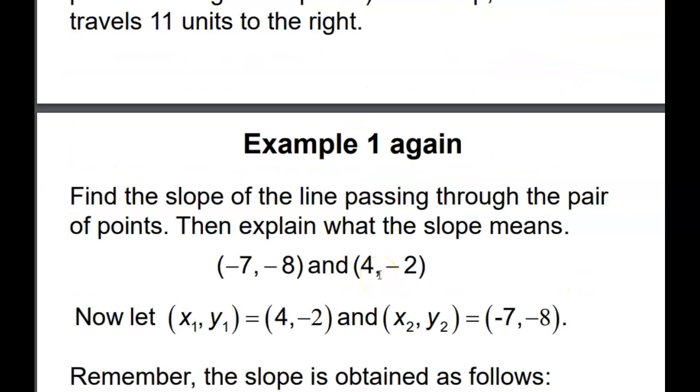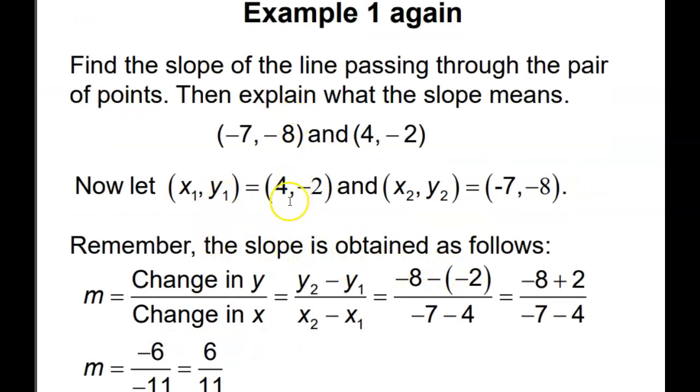Now, to show you that the order doesn't matter, in our last example, we used these same 2 points, but I called -7, -8 x1, y1, and 4, -2 x2, y2. This time, x1 is 4, y1 is -2, and x2 is -7, y2 is -8.